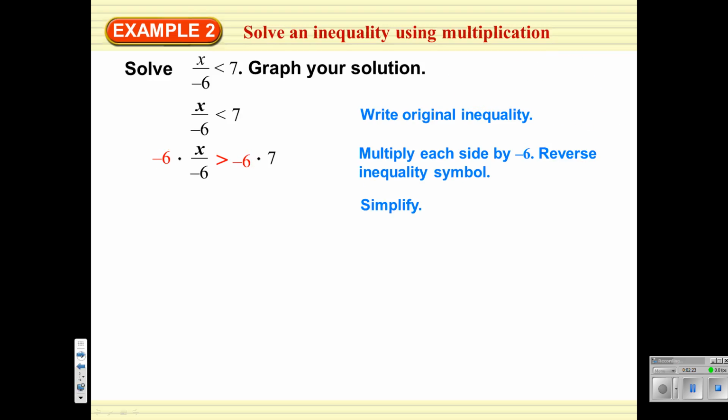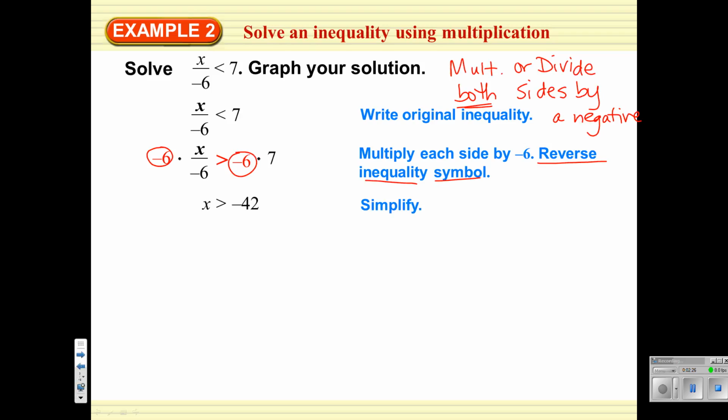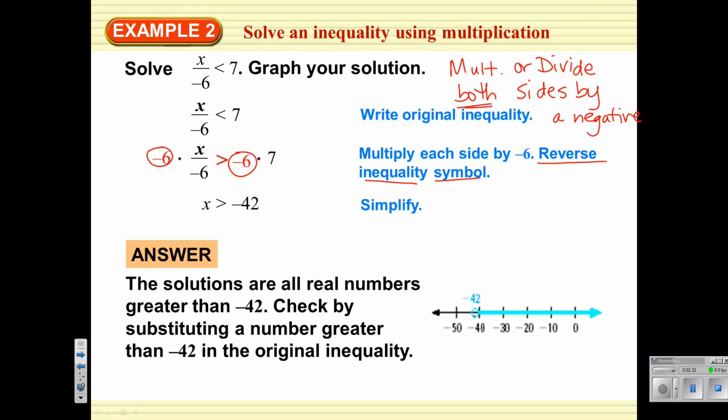And I will show you how it works. So simplify this. We get x is now greater than -42. So we're going to graph that, an open dot at -42, and it'll be to the right. So again, we can pick 0. So put 0 in for your x, and 0 divided by -6 is less than 7.